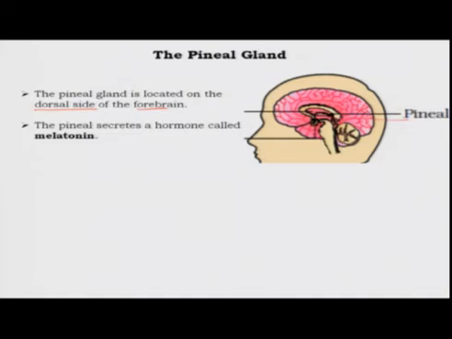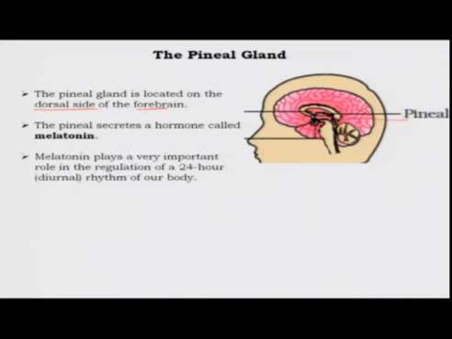Now, this is a peptide hormone, and melatonin is very important for the regulation of a certain event which is called the diurnal rhythm of our body. Diurnal means daily, so this is the 24-hour period. Our body functions have a rhythm.